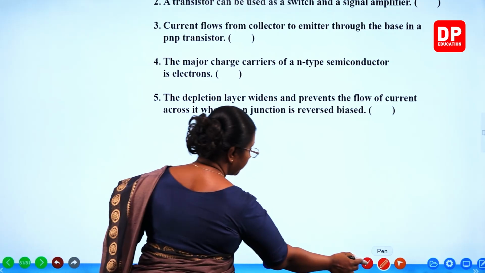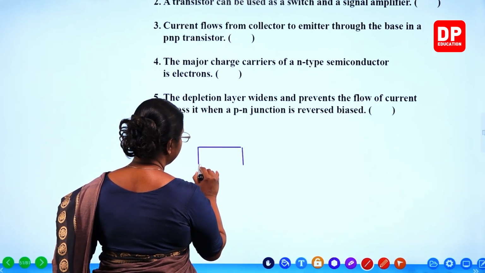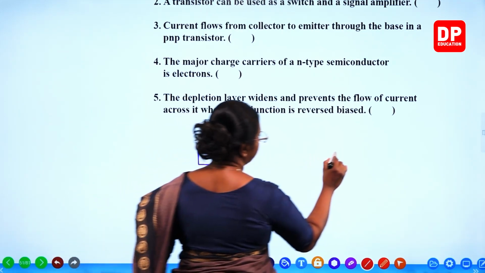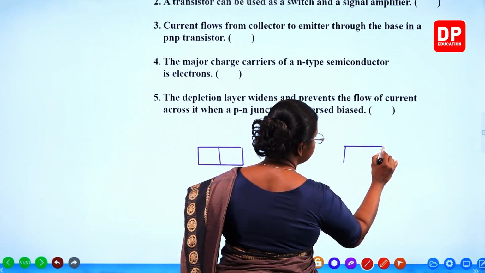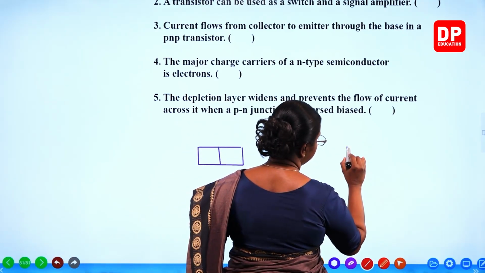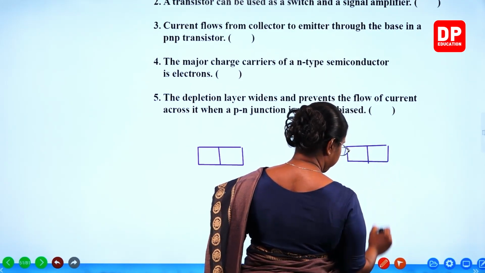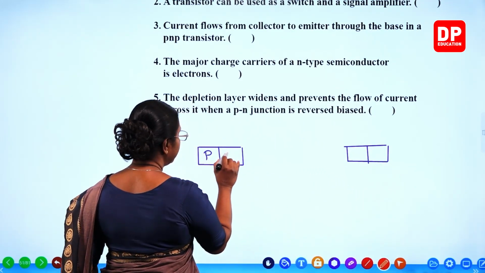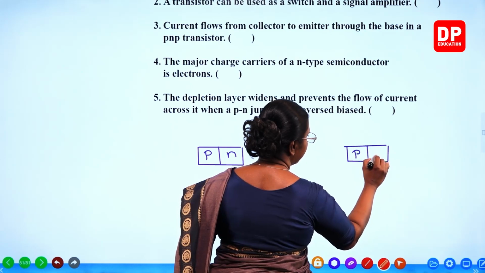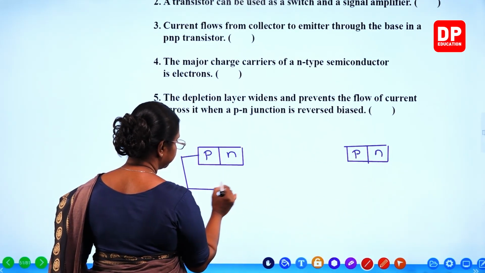Now you have the positive and negative terminals of the battery. Now if I draw both the instances, so this is P and N. We can connect them in two ways.